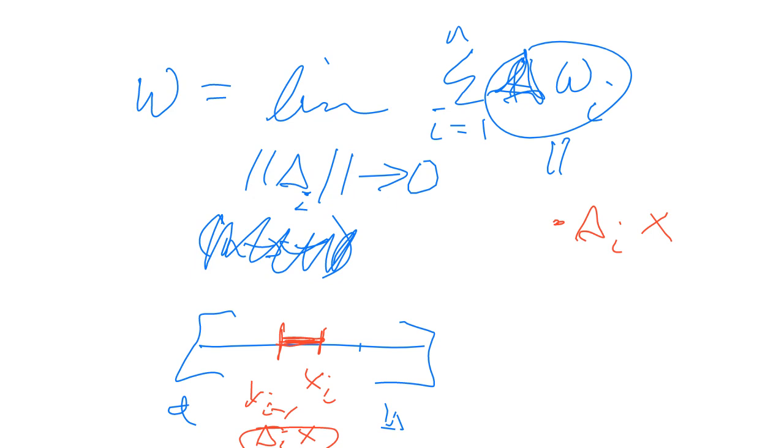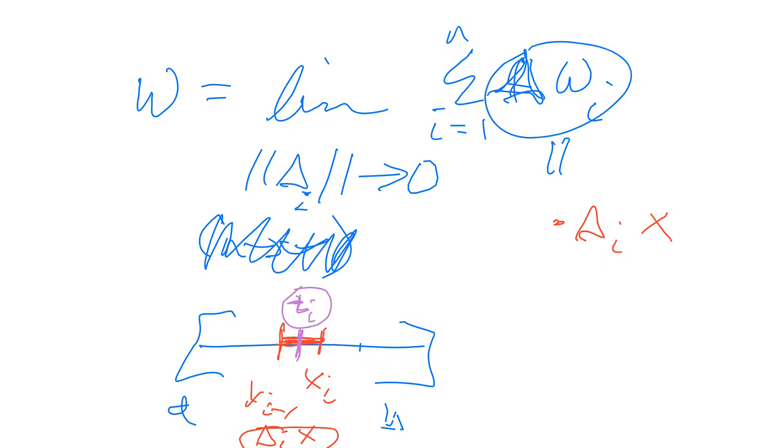And what's the force? Well, there's going to be some point in there. Since it's a continuous function, we know there's some point in there that I'm going to call t sub i.